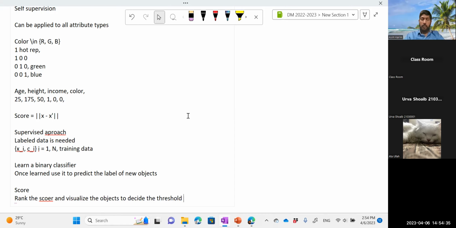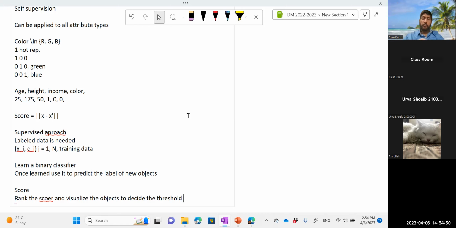So this is generally a preferred approach rather than just someone telling you blindly कि ये outlier है, ये outlier नहीं है.